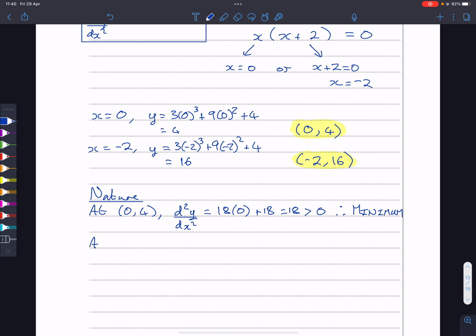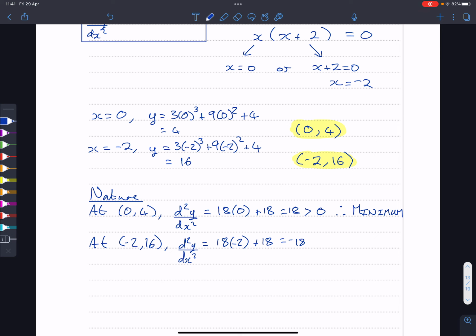And if I look at the other ordinate, (-2, 16), then the second derivative is going to be 18 lots of -2 plus 18, which is -18. Now you can pretty much guarantee you're right at this stage, because they should be the same numbers, just with opposite signs because of the symmetry of the curve.